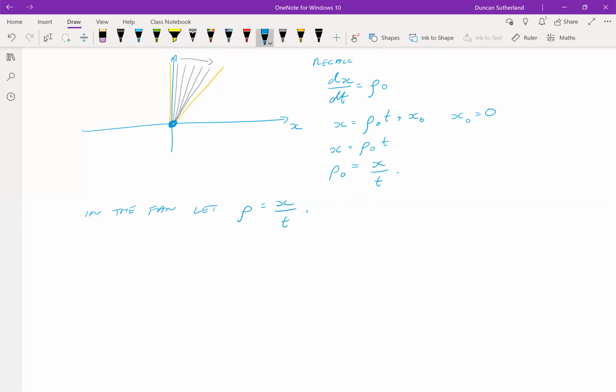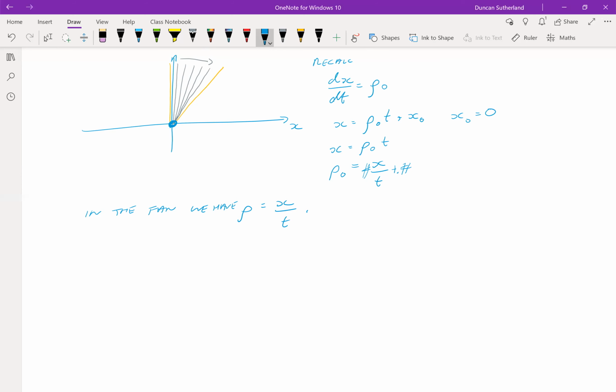You could have some sort of number in here as well, right? So just be aware of that as you're thinking these problems through. But yeah, this is what, in this case, we end up with. So in the fan, we discover we have rho equals x on t.